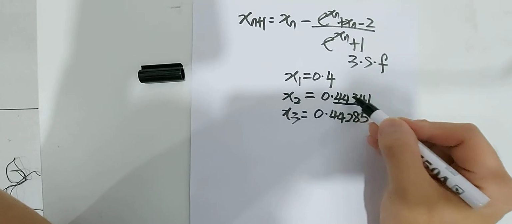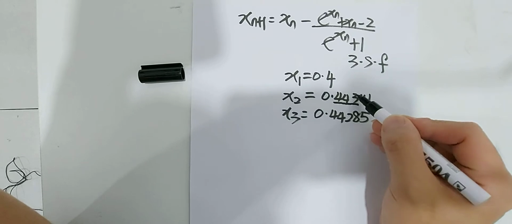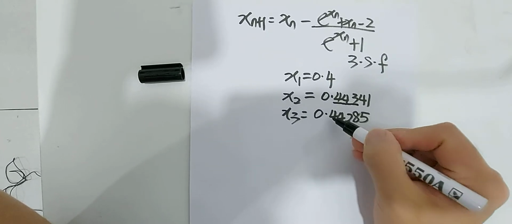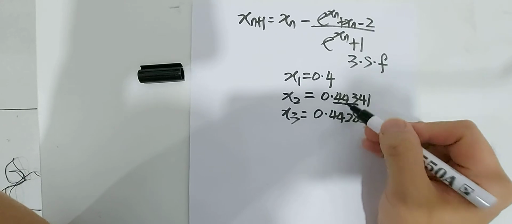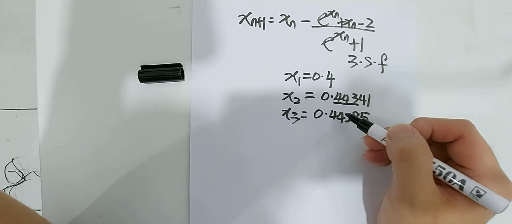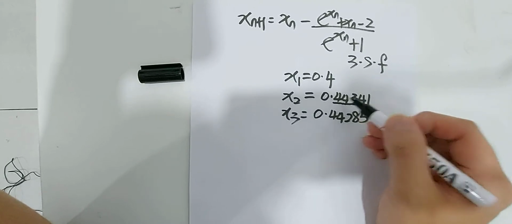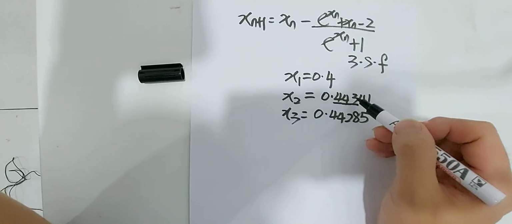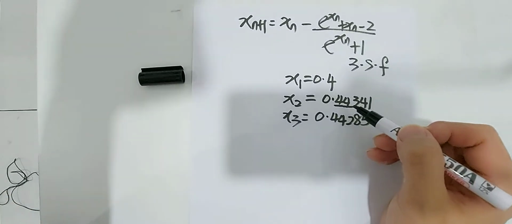So 0.443, if you round off, you get 0.443. If you round off this also, you get 0.443. These two values are already reaching the same value. It means it remains constant after you round off, so 0.443 will be the solution for this problem.